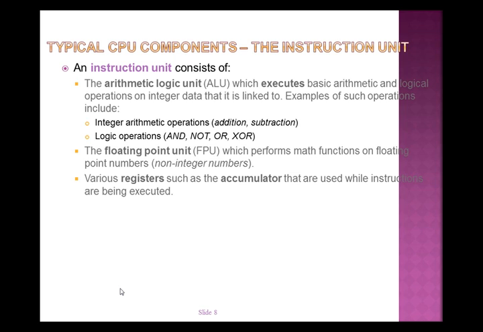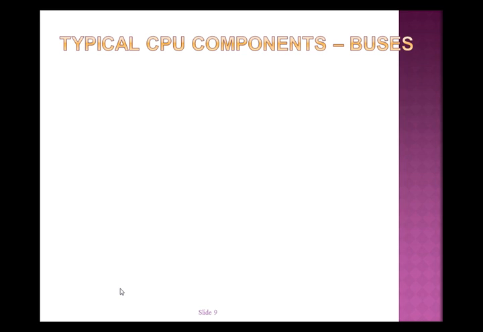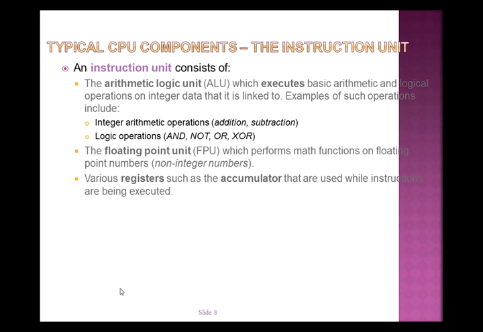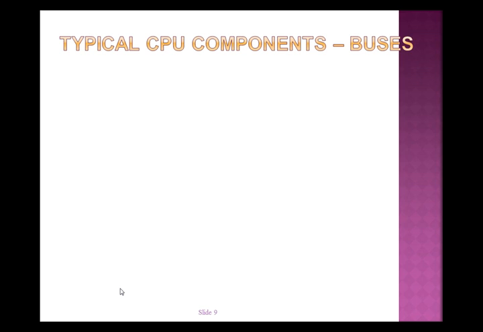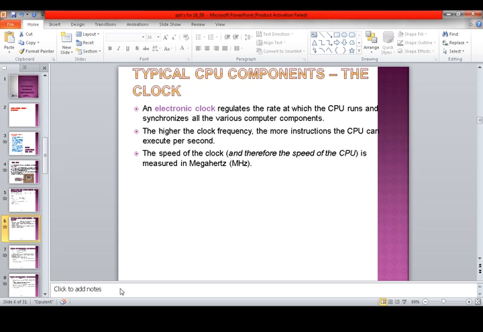And at last the final output, one number, is also stored in the AC, that is your accumulator. So various registers such as the accumulator are used while instructions are being executed. So the instruction unit also includes the registers. So these are the elements of the instruction unit: ALU, FPU, registers.